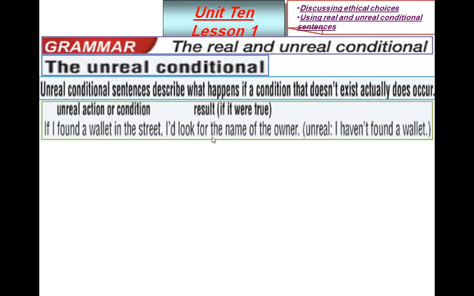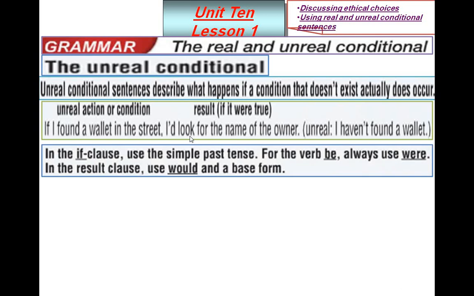How can we form the unreal conditional? If clause, simple past. How can we form the simple past? The second form of the verb. Very good. And here, would plus the base form of the verb. So, in the if clause, use the simple past tense.